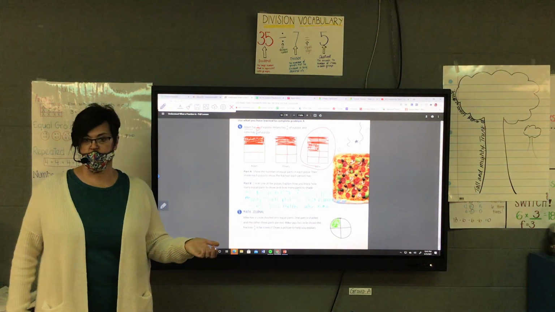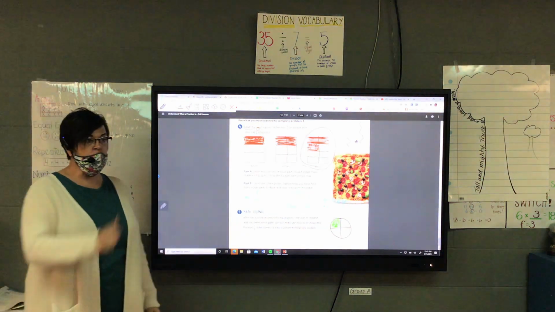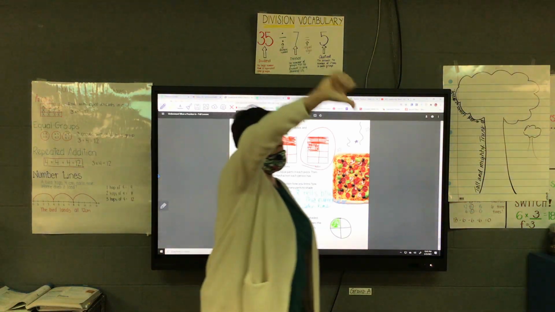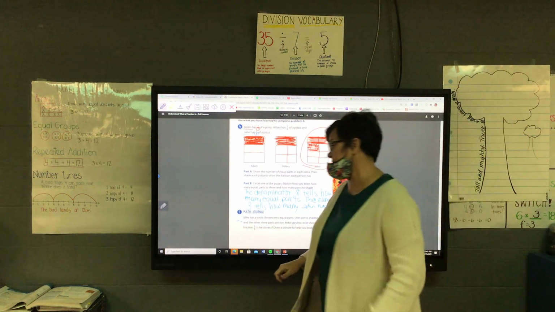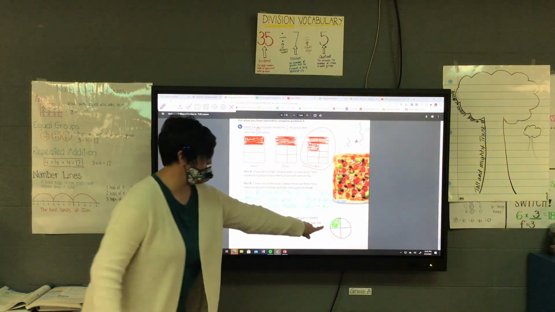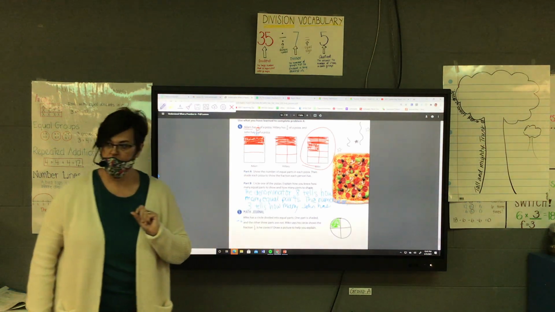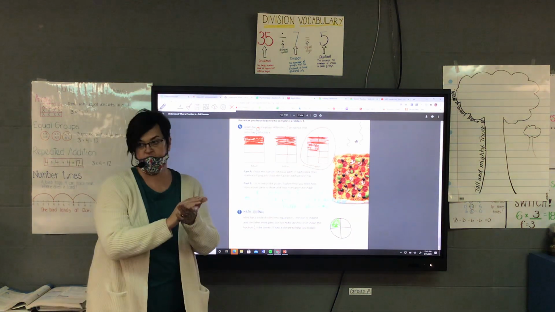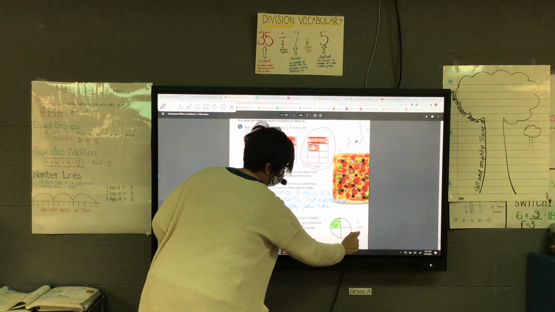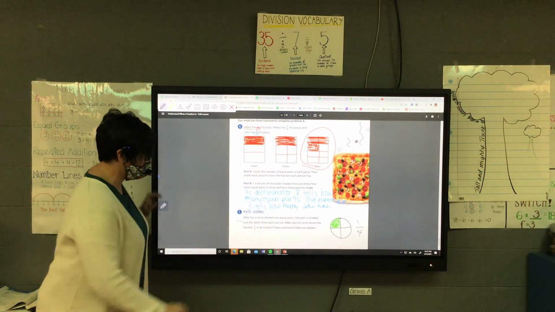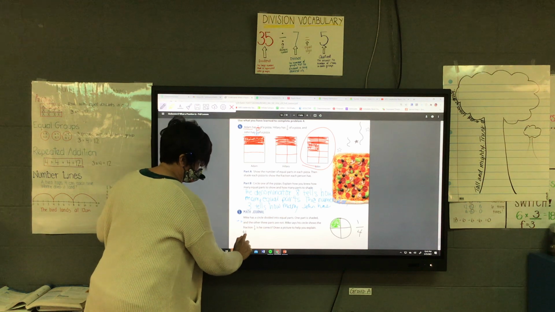I'm only hearing from like 2 of you. Is he correct or not correct? No. He is not, because what is the fraction that this should be? The fraction, friends. 1/4. So this is actually showing 1/4. He says it's 1/3, so he's not correct.